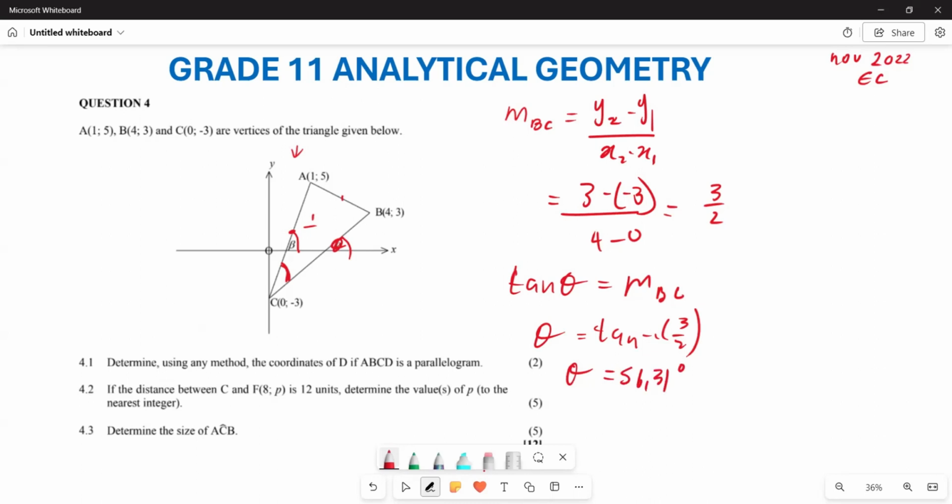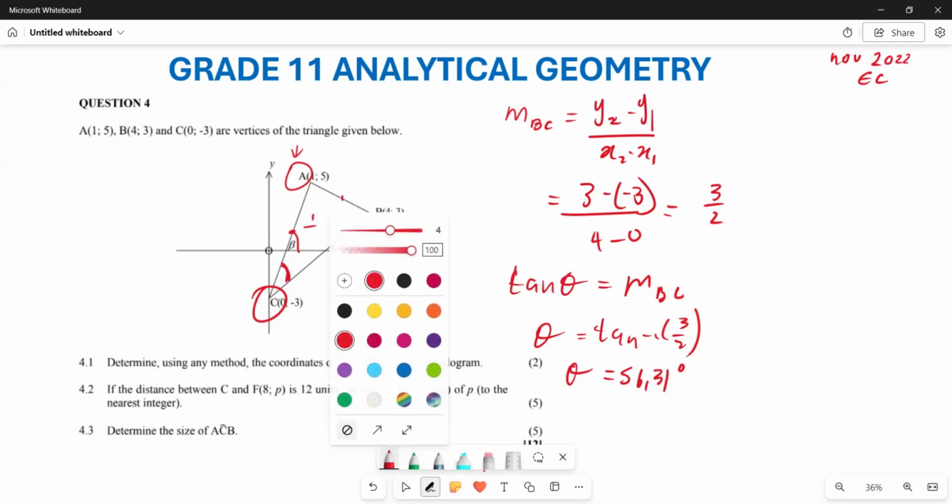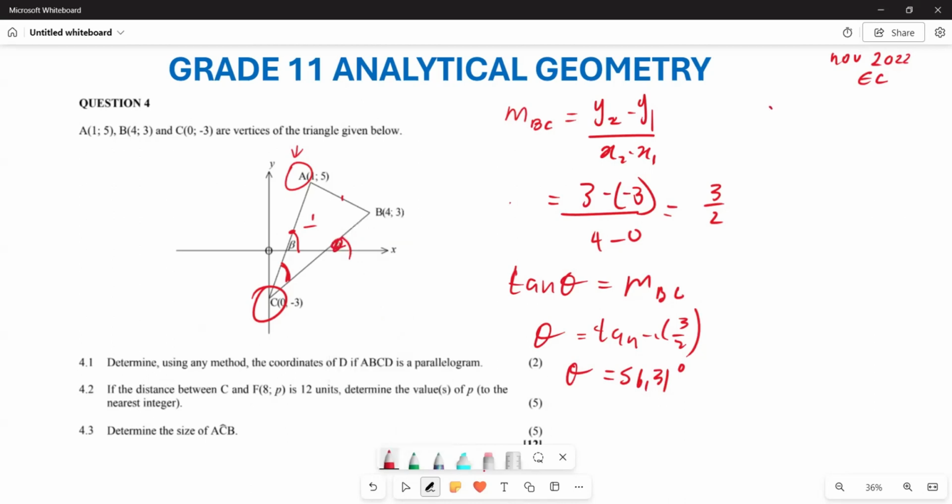Now, the second thing that they want us to do, we can find out what is going to be again the gradient of AC, right? Now, when you are looking for the gradient of your AC, we are saying the gradient of AC is going to be same as what? It's y2 subtract y1. Now, let's just go straight to the formula. This is same as 5 subtract negative 3 over 1 subtract 0.